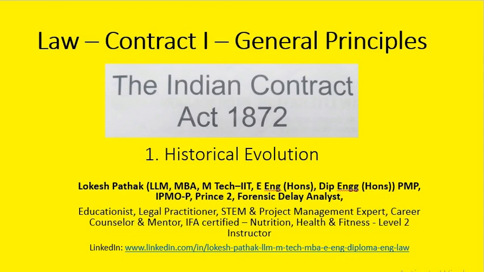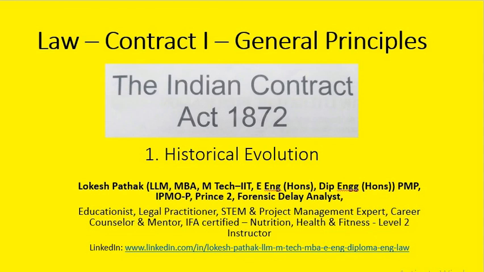Afterwards, in 1773, the Regulating Act was enacted, and it was the foundation stone of the Indian Contract Act 1872. This Regulating Act of 1773 prevailed until 1862, because in 1861, the Indian Contract Bill was introduced, and this was the prime draft of the 1872 Act.